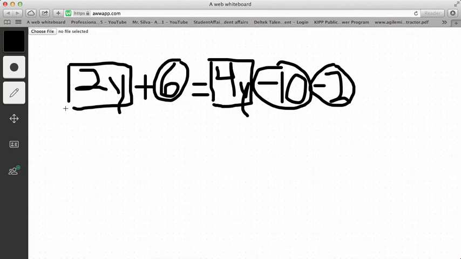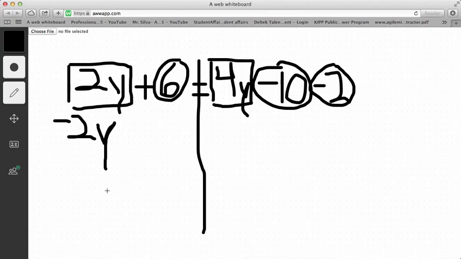To do that, I have to perform inverse operations. Here I have a positive 2y. The inverse of addition, or positive, is negative, and subtraction. So we will subtract 2y from the left side of the equation. And remember, we are working with equations, so whatever I do to the left side of my equation, I have to perform on the right side.